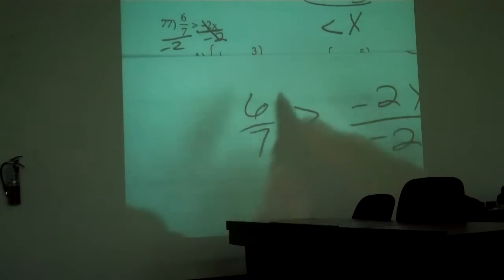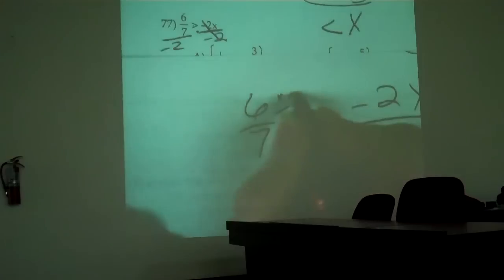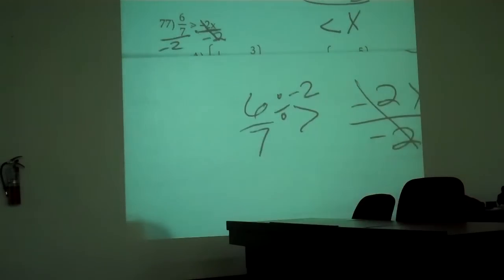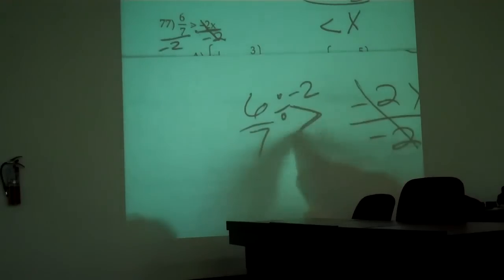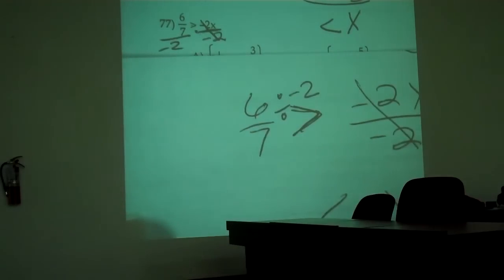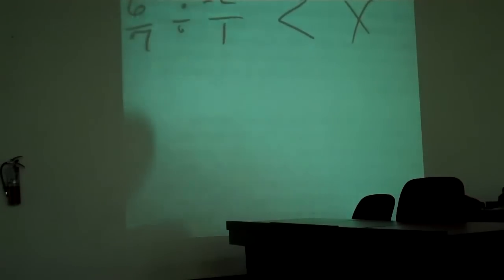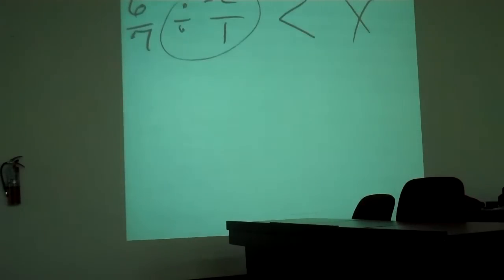We divide by negative 2. That leaves x over here. We divide by a negative, so it's a less than sign. We have 6/7 divided by negative 2 over 1. Okay, we need to change this to times 1/2.